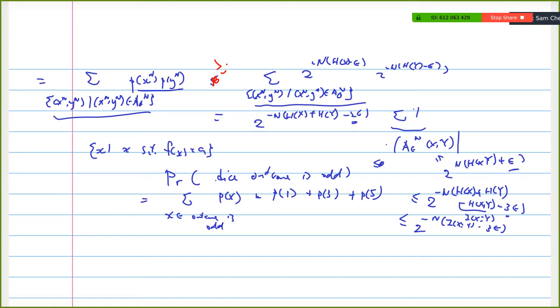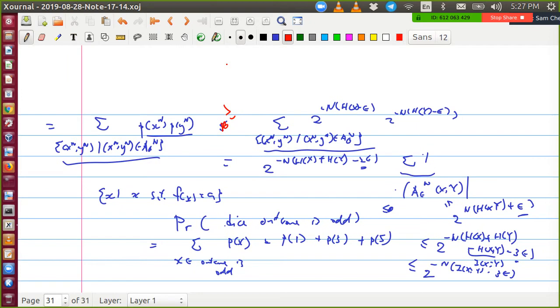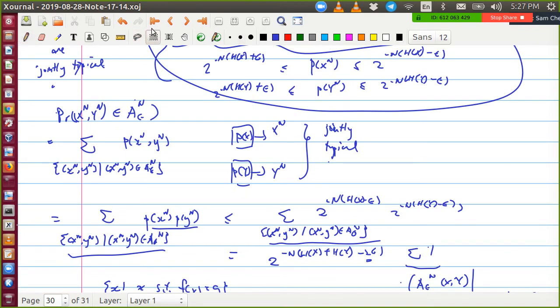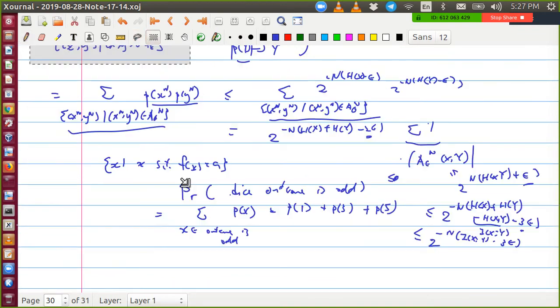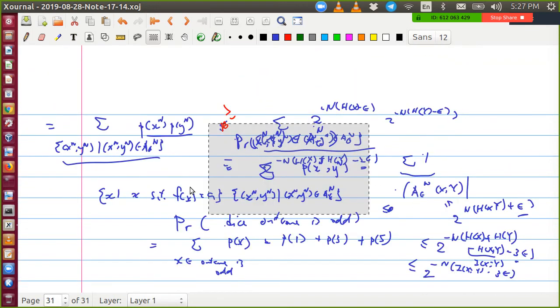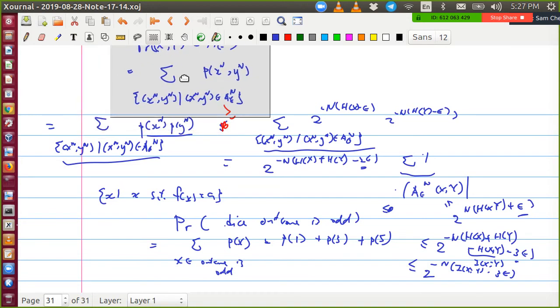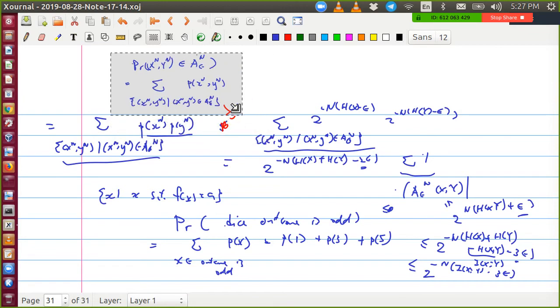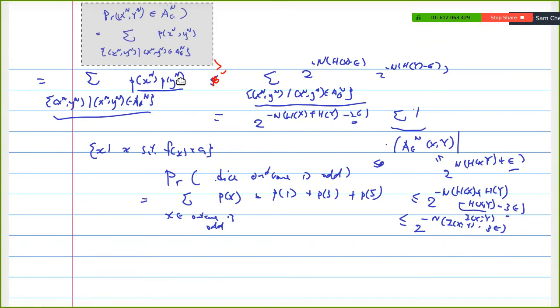Let's see, we can say the probability of, okay, I have more terms earlier probably. This is a little bit hard to move around. Okay, I can do it this way. So this is equal to this, as we discussed earlier.